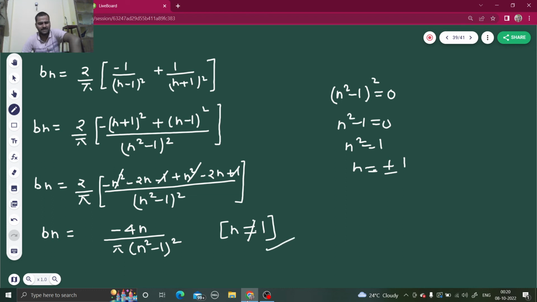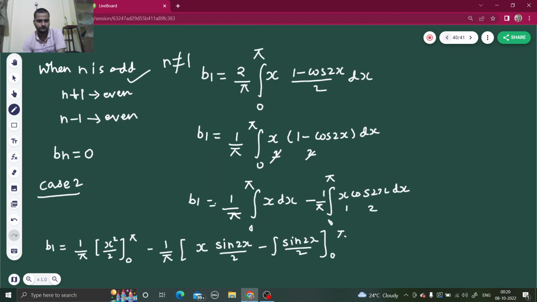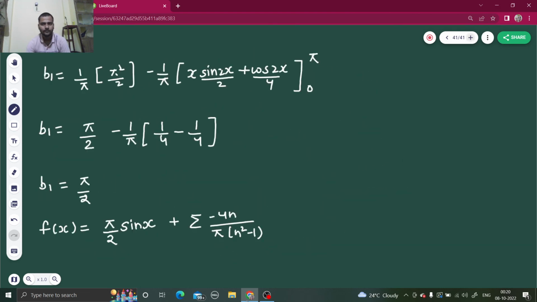So this condition was not needed here, because we took n. This was a condition we need to clarify before coming to the cases. So we already took this condition. So minus 4n divided by pi (n square minus 1), when n is even.